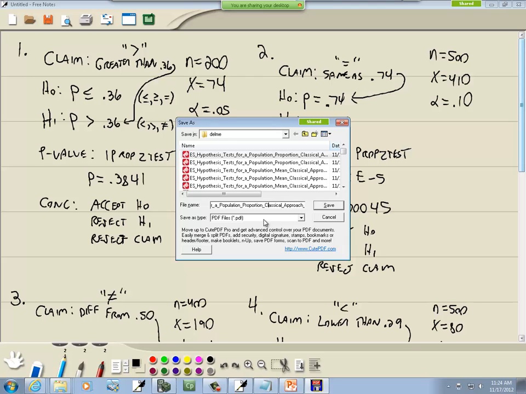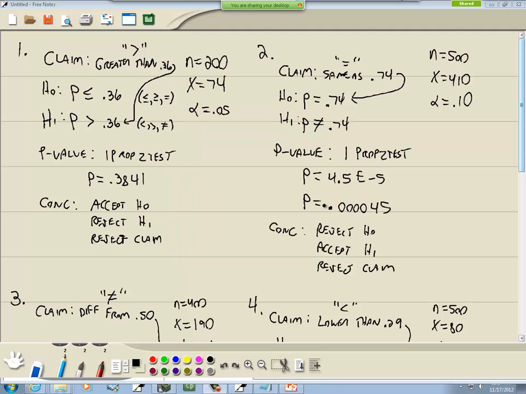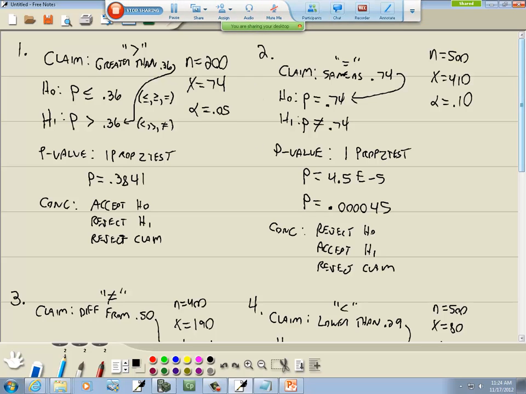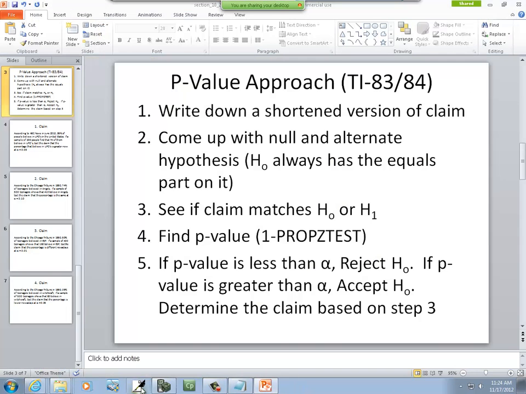It's not classical approach, it's p-value approach, TI-84 problem. I don't want problems. I want page 01.pdf. There we go. Okay, let me save that. And now stop. Oops. Now stop the recorders.